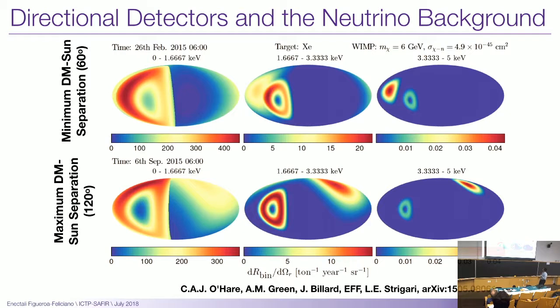So you would be able to distinguish a solar neutrino signal from a dark matter signal. So in principle, if I can make a directional detector that is sensitive to these energies, and that is big enough to actually see these signals, I would be able to distinguish between the neutrinos from the sun and dark matter, and that theoretical detector would not see a neutrino floor, because you would always be able to see the difference in direction.